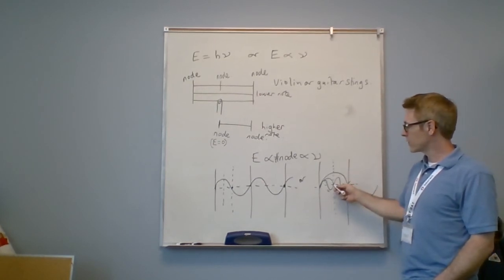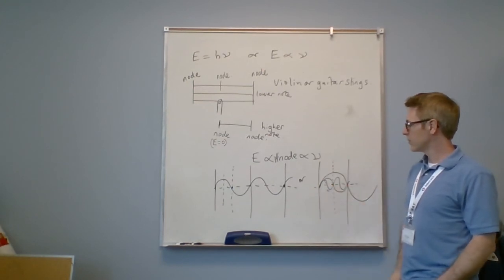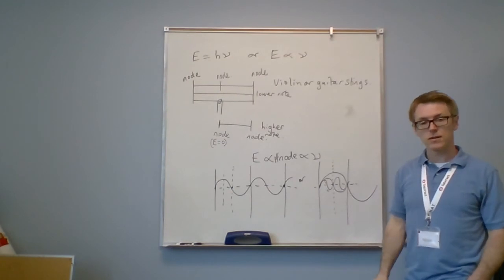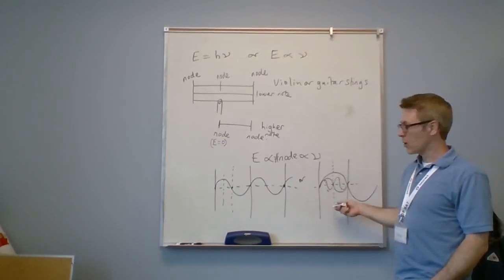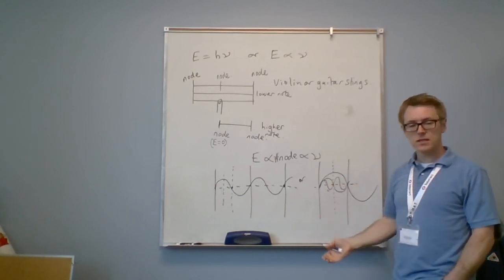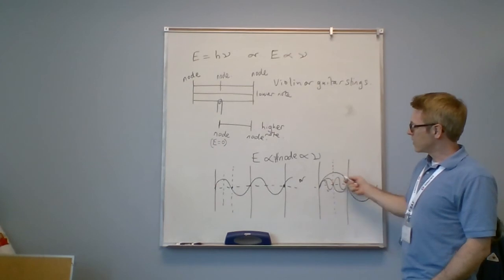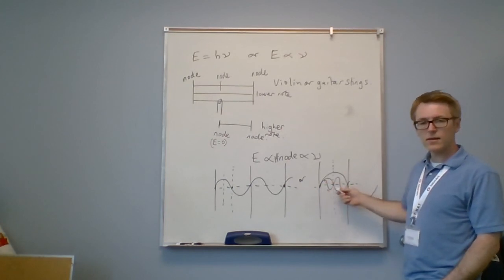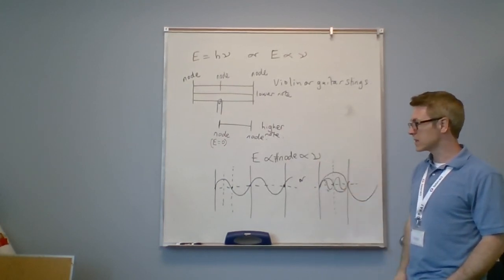Whatever I do, I've got to adjust so that where the node is being placed, I have 0 energy. So by introducing a node, the note adjusts so that it has 0 energy at the node. And in all cases here, I now have more lines per unit distance. So I've effectively increased the frequency.